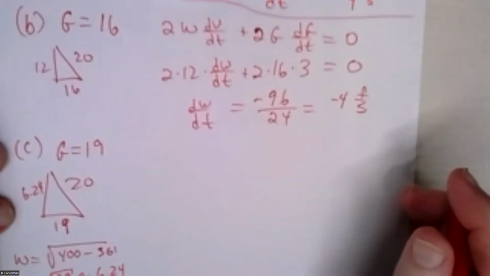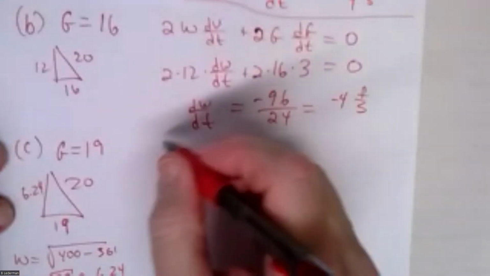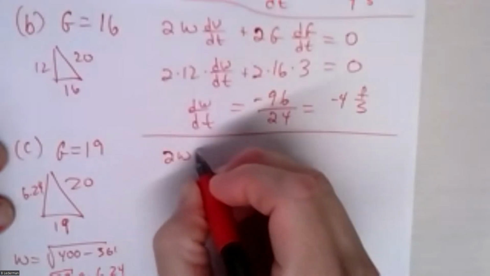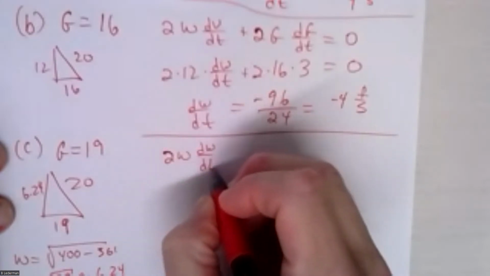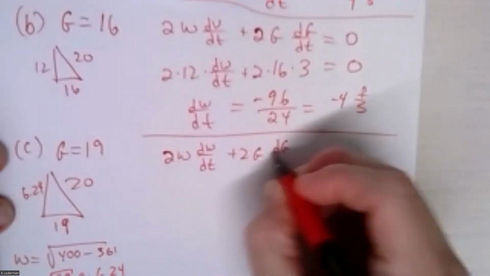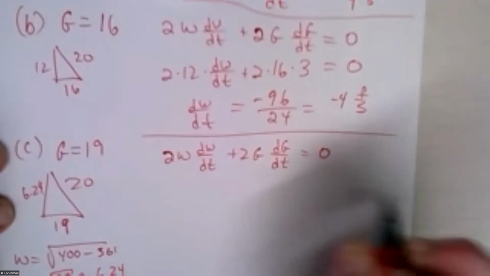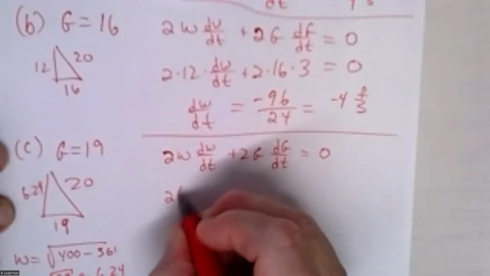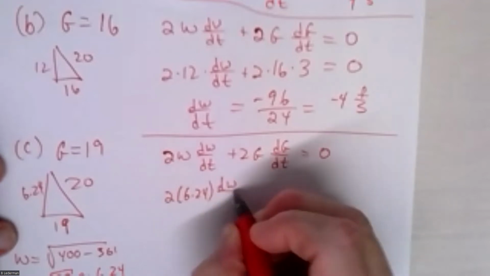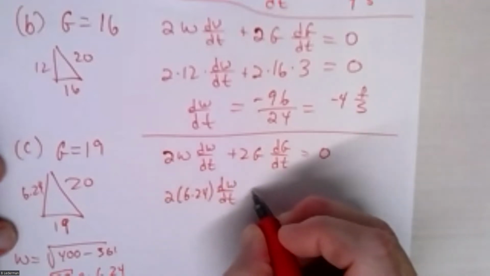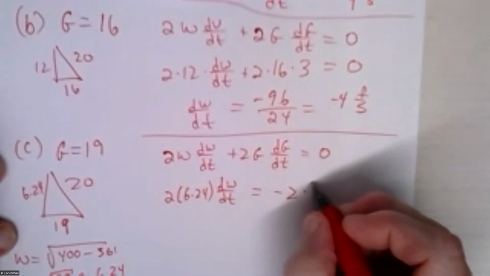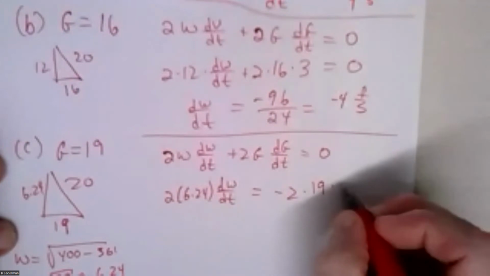Okay, now the same equation: 2W dW/dt plus 2G dG/dt equals 0. So 2 times 6.24 times dW/dt equals negative 2 times G, which is 19, times dG/dt, which is 3.